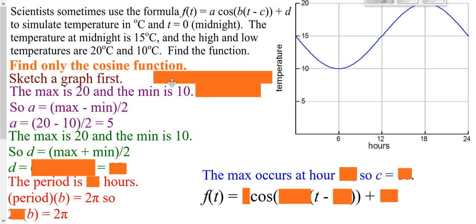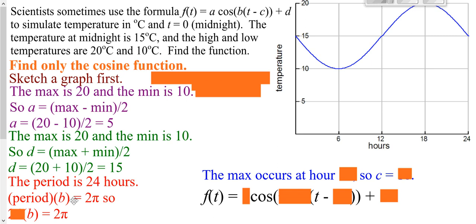We have our max and our min. We can go max plus min divided by 2 to find our D value. Our period in the context of our problem is 24 hours because our temperature for the most part repeats every day. So our period is 24 hours because we're dealing with hours up here.